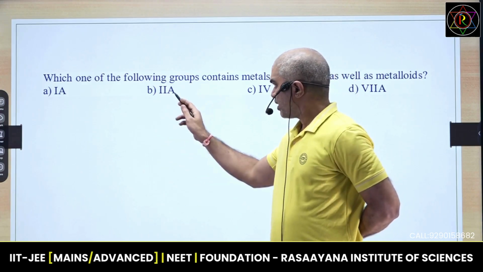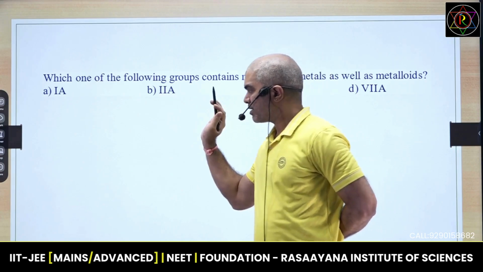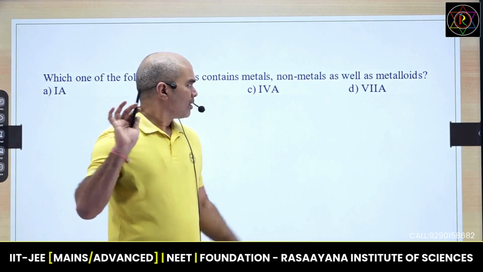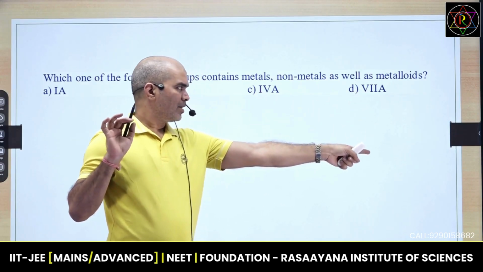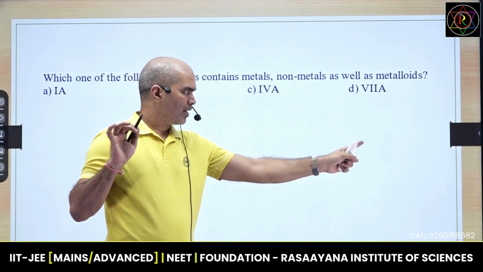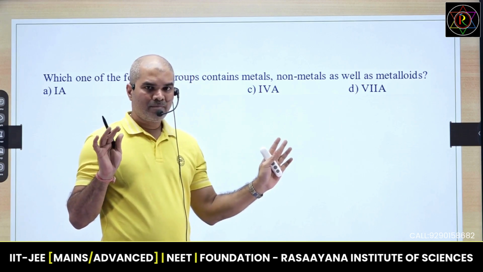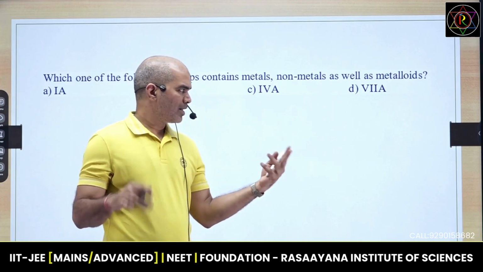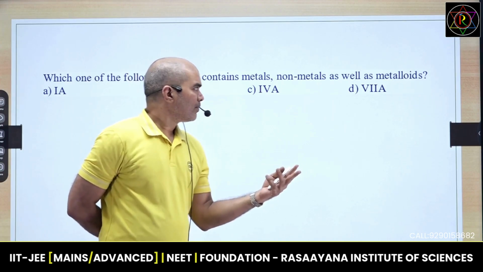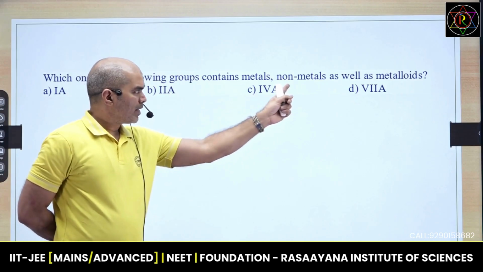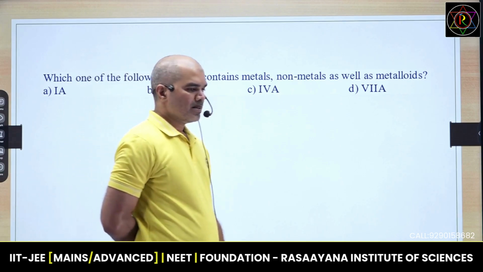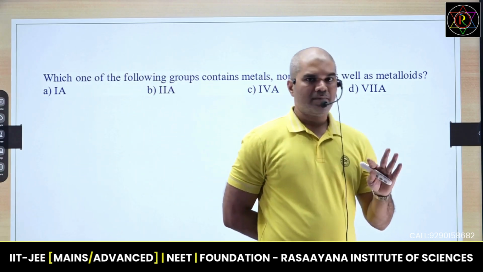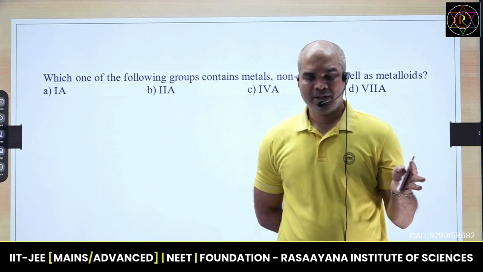1A, 2A are s block elements, purely metals. Forget about it. 7A are all halogens: fluorine, chlorine, bromine, iodine and astatine. There is no metalloid. Astatine is considered a metalloid by some, but it is like a controversy; some give it as a metalloid, some don't.